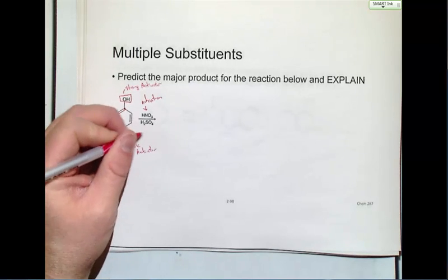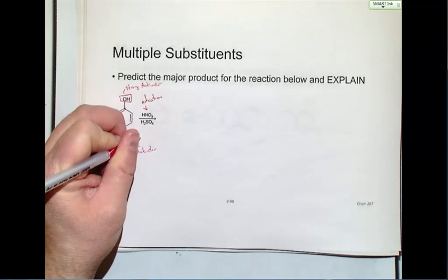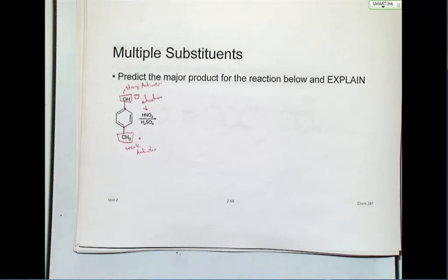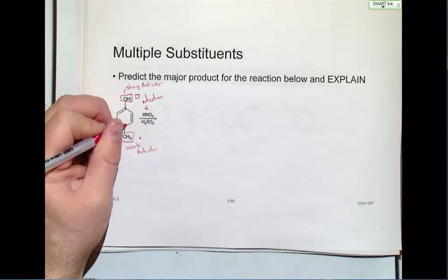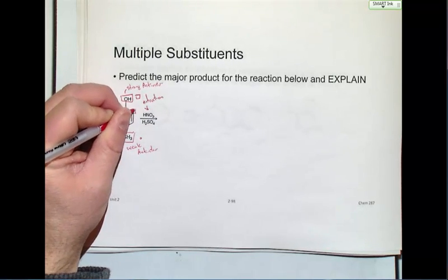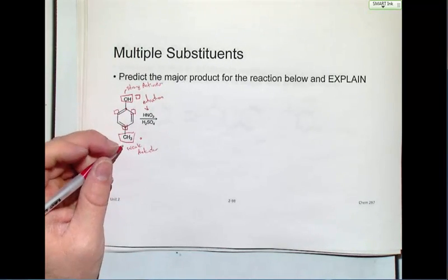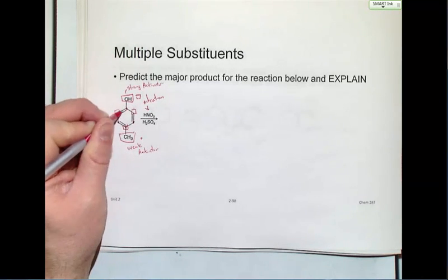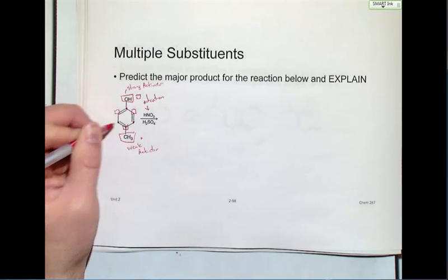So I'll use the symbol dot for the weak activator, and I'll put a little square around what the strong activator is pointing to. The strong activator is pointing towards the ortho and para positions, and the weak activator is pointing towards the ortho and para positions.